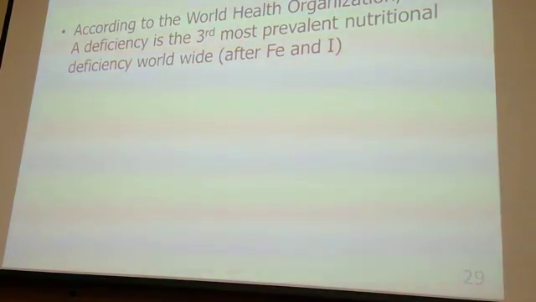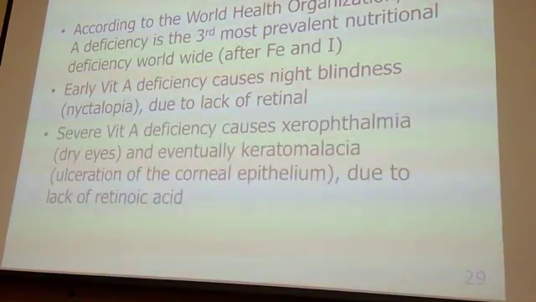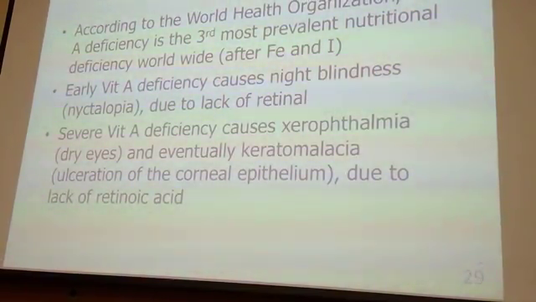So cases in probably the United States might not necessarily be due to deprivation. It might be something like pancreatic insufficiency or impairments in fat absorption rather than a deficiency. So in the lack of vitamin A, you're going to get things like night blindness. That will be pretty rapid, which makes a lot of sense. You can also get more severe eye conditions, which can lead to blindness.